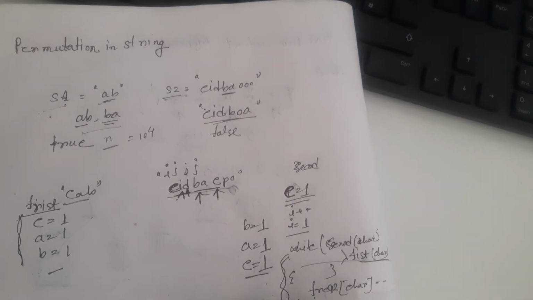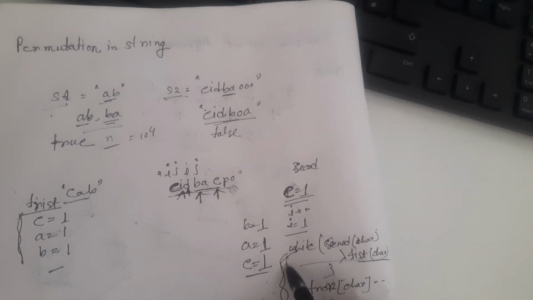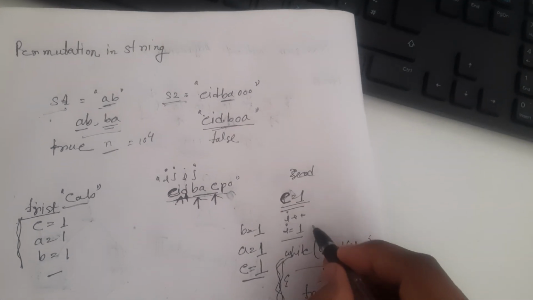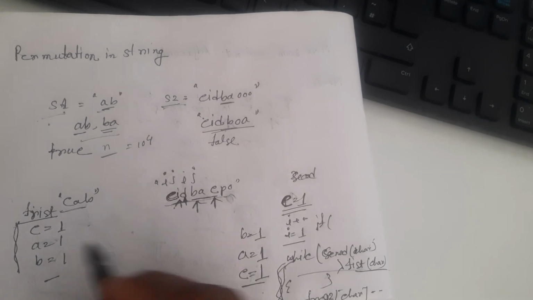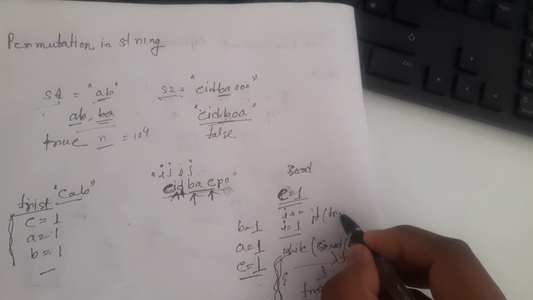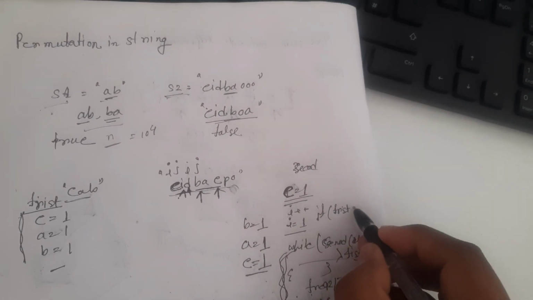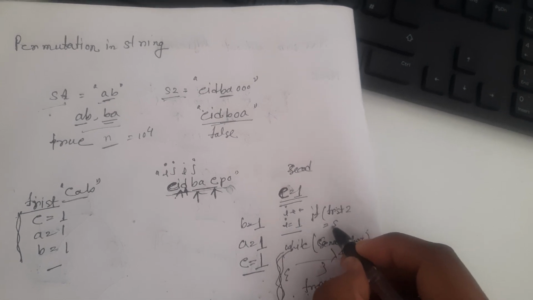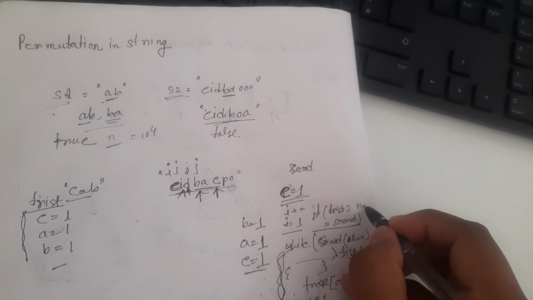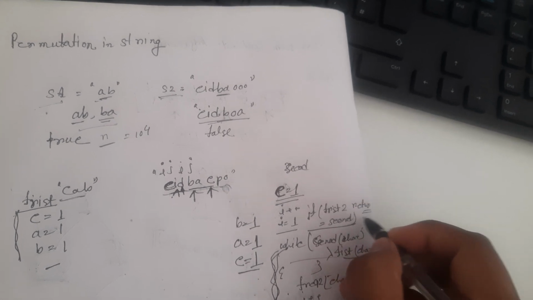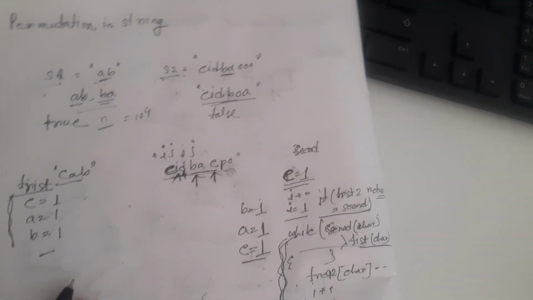Before moving to the while loop, we need to check whether the first frequency array is equal to the second frequency array or not. If it is equal, then we just return true, and it will give you the correct answer.